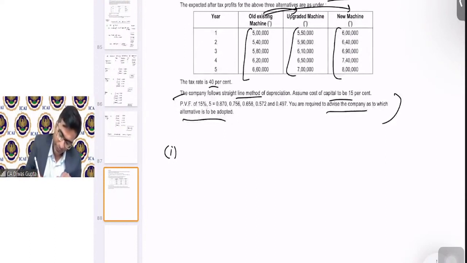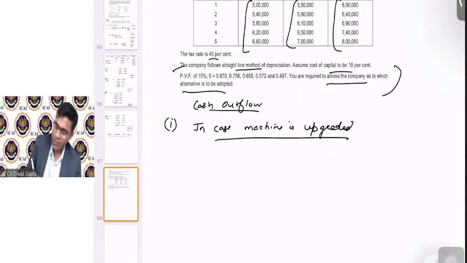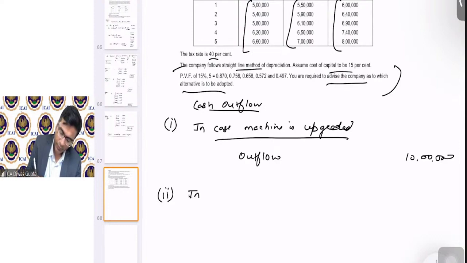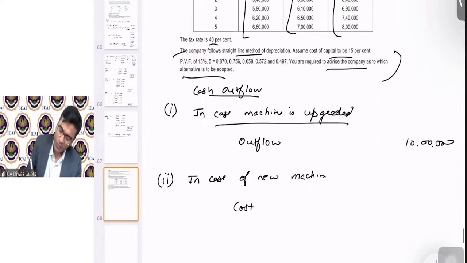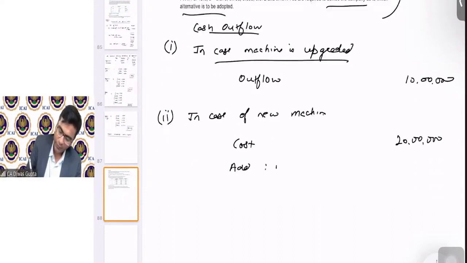So first of all, let's talk about cash outflow in case machine is upgraded. In that case, how much you will incur? Outflow will be 10 lakhs. In case of new machine, cost 20 lakhs. Installation will happen at 50,000. So the total cost is 20 lakh 50,000.